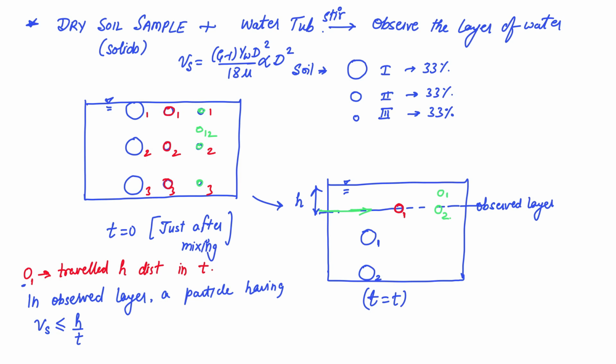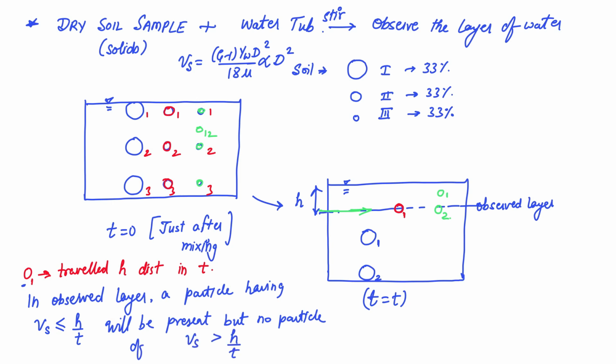So what I can see here is that in the observed layer, a particle having settling velocity less than or equal to h by t will be present, but no particle of settling velocity greater than h by t.